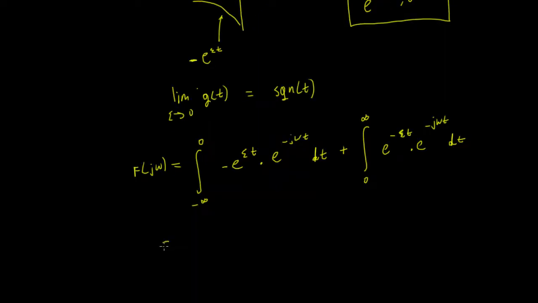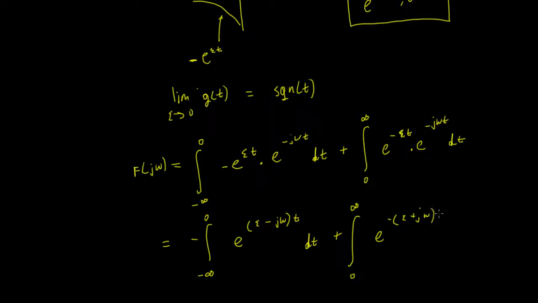From that we can gather our terms together: the integral from minus infinity to 0 of e to the epsilon minus j omega t dt, plus the integral from 0 to infinity of e to the minus epsilon plus j omega t dt.